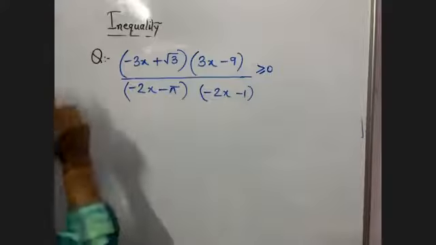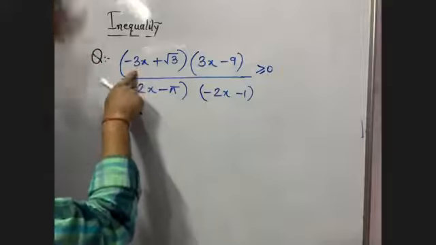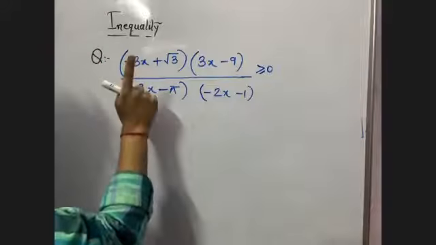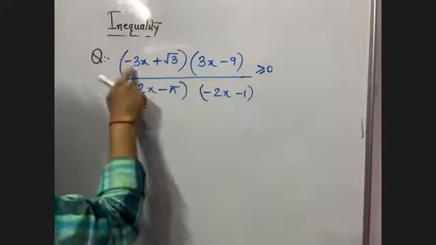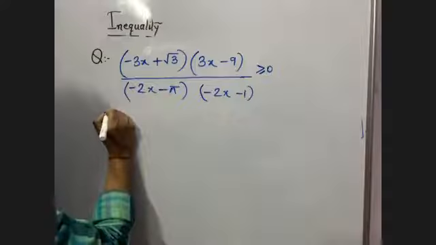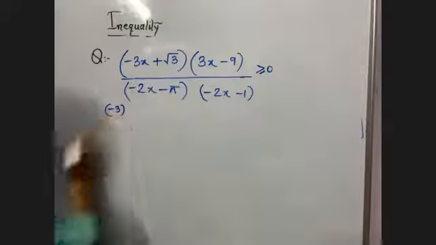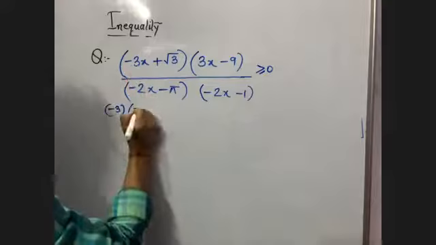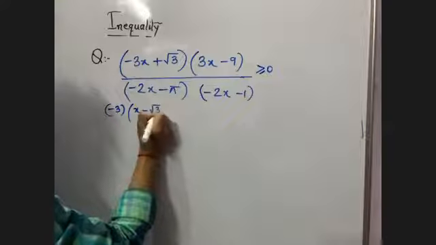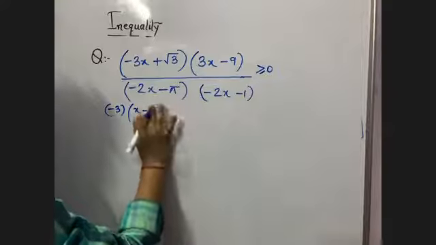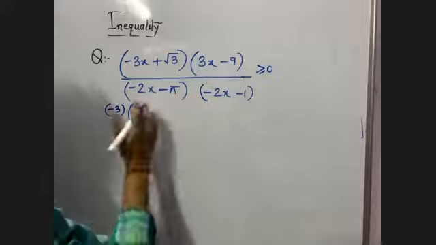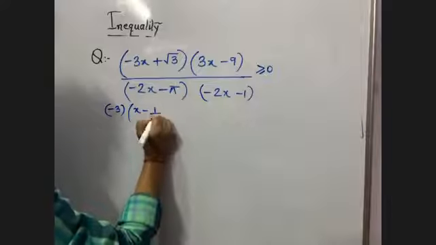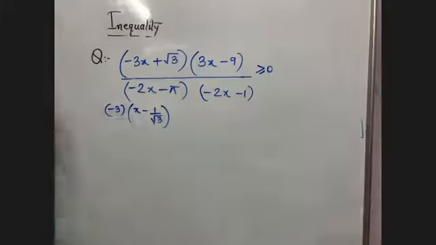Now, first, the coefficient of x is -3. I have to make it 1. As I have written in the first point, take -3 as common and it will be x minus root 3 by 3, which I can write as x minus 1 by root 3. Very basic step.